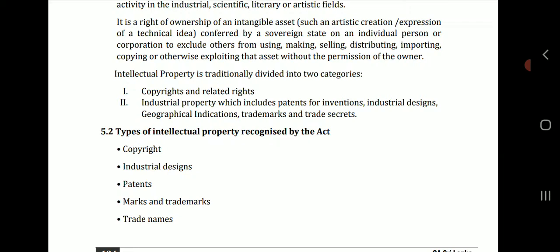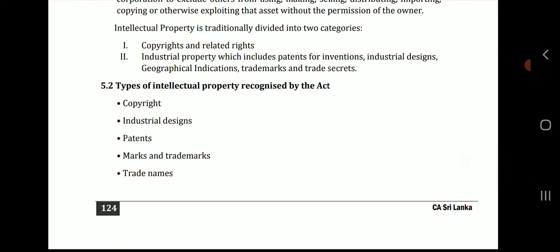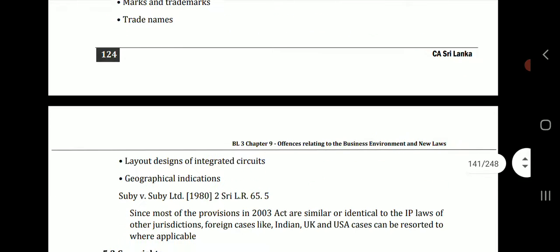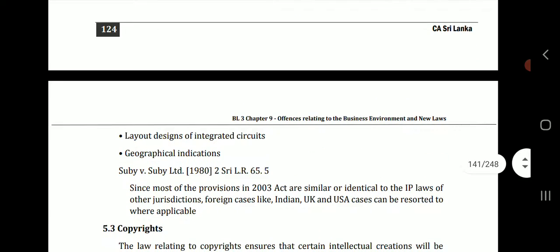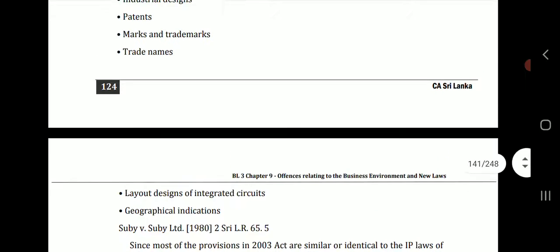Copyrights relate to industrial properties, inventions, industrial designs, geographical indications, trademarks, and trade secrets. So the intellectual property recognized under this Act is copyright, industrial designs, patents, marks and trademarks, trade names, layout designs, geographical indications, things like that.